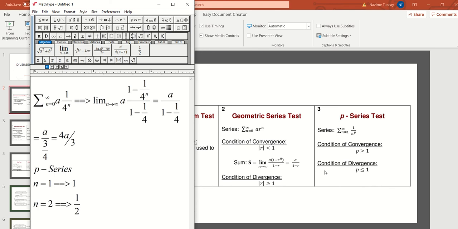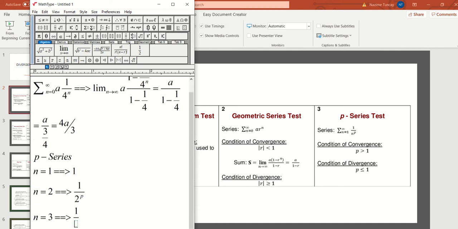This is 1 over 2 to the power P. And when n equals 3, we have 1 over 3 to the power P.